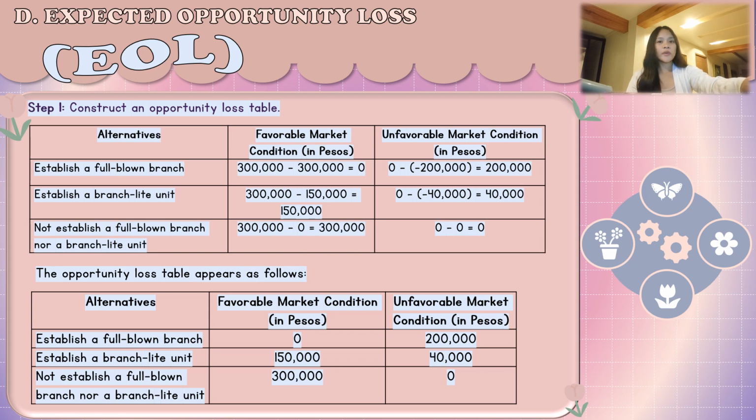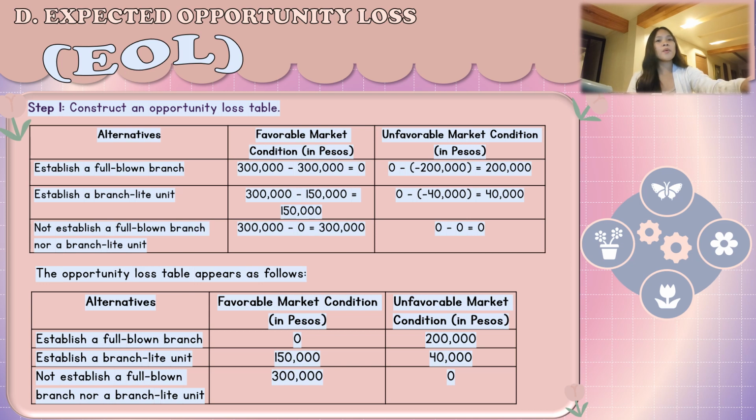Focus on the second column first. 300,000 less 300,000 is equals to 0. 300,000 less 150,000 is equals to 150,000, and 300,000 less 0 is equals to 300,000. Let's move on to the third column. 0 less negative 200,000 is equals to positive 200,000. 0 less negative 40,000 is equals to positive 40,000, and 0 less 0 is equals to 0.